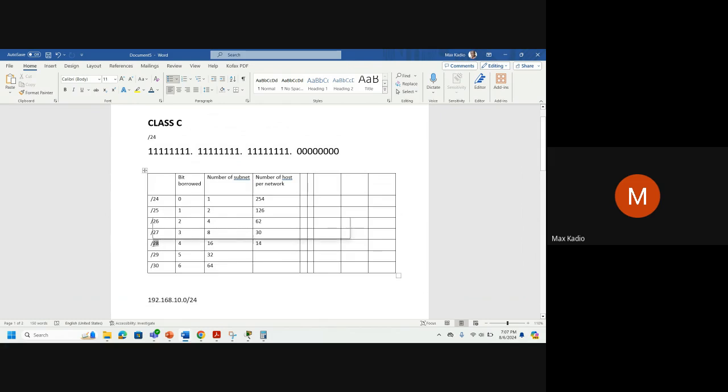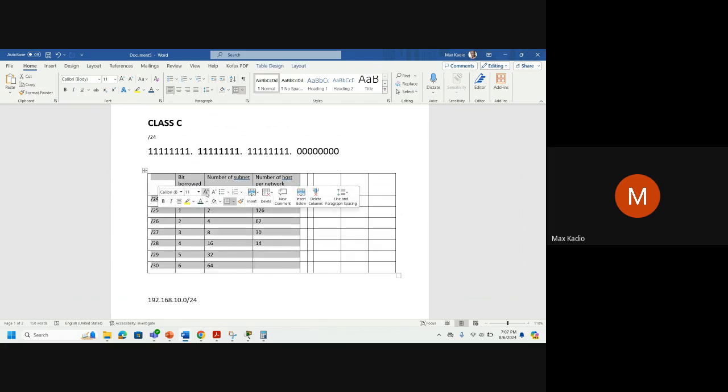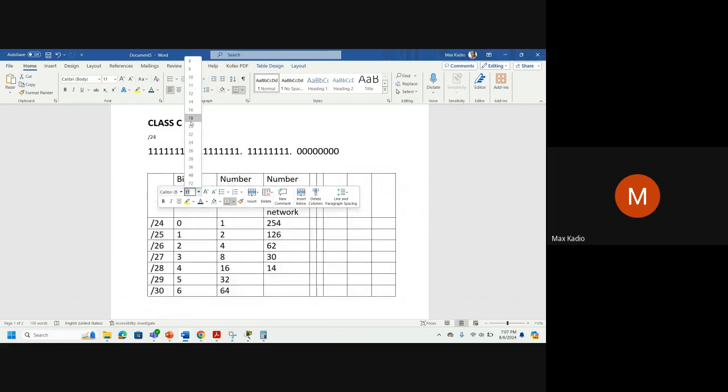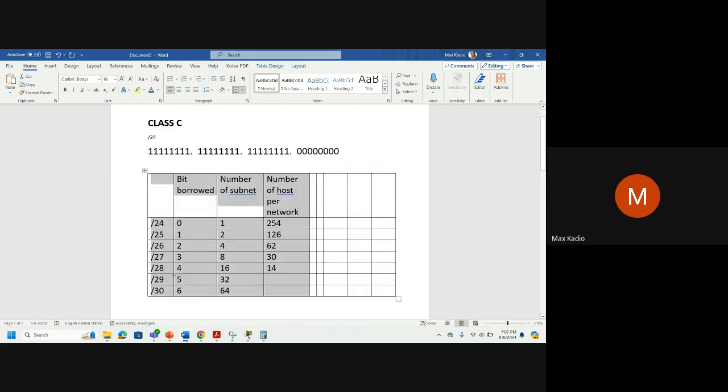If I take /28, it's not good because it will be a maximum of 14 hosts. If I take /27, the maximum host is 30, not good. I need 50, then it should be /26 because with /26, I can get a maximum of 62.